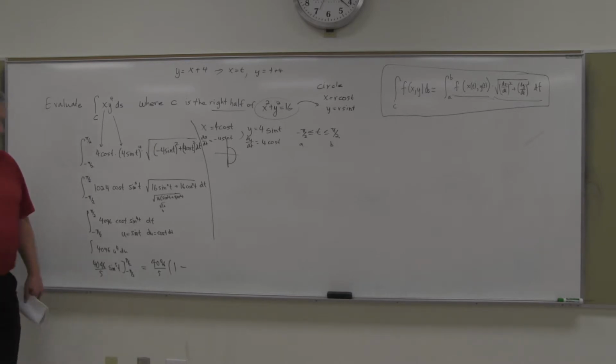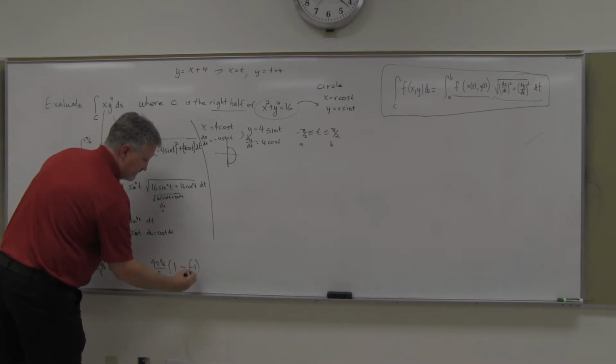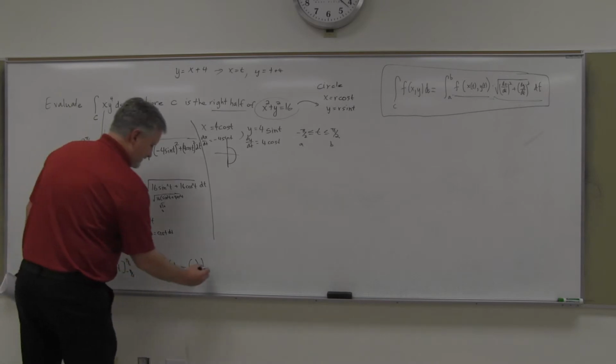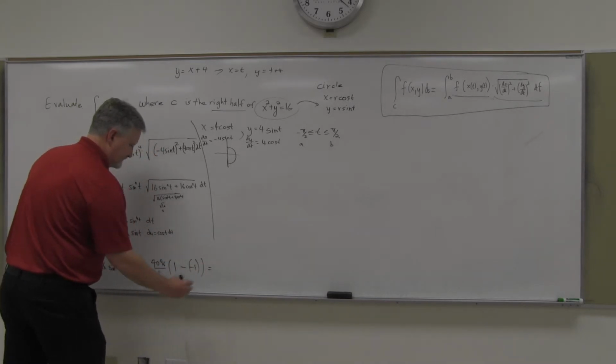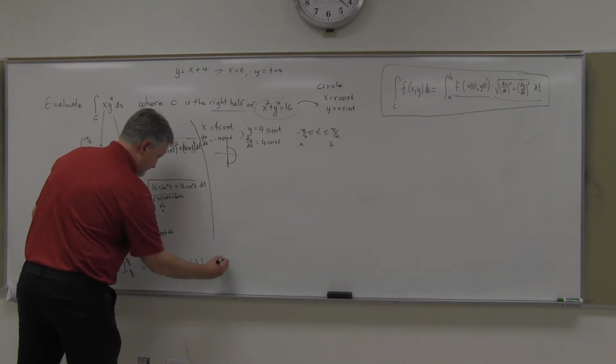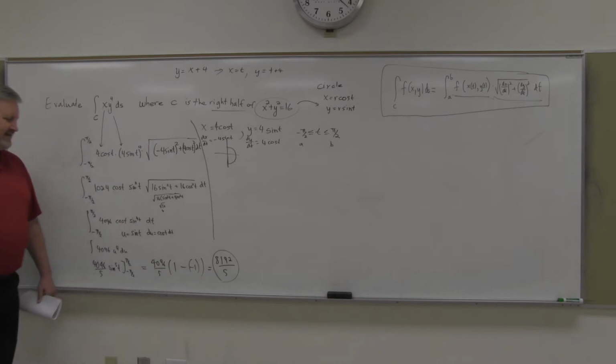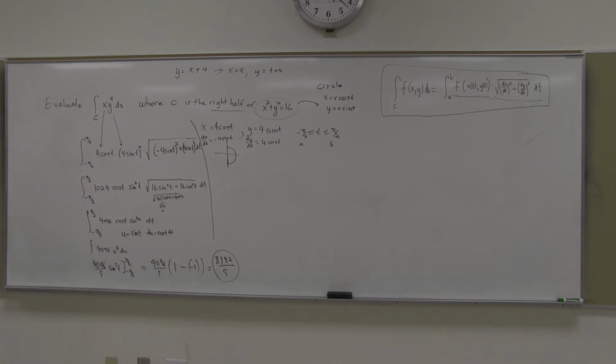Negative 1 to the fifth is negative 1, so you'll have 1 plus 1, 2 times 4,096, which is 8,192, isn't it? How's that? Not too bad, right?